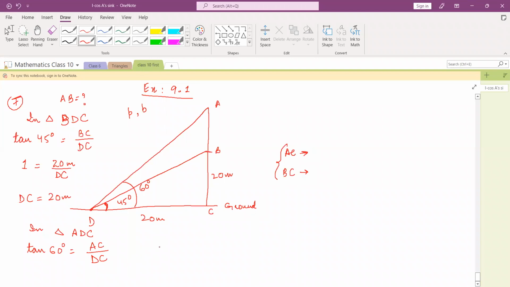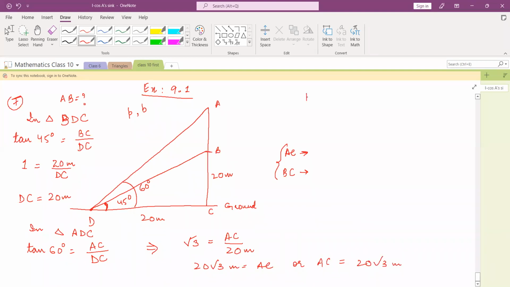Now tan 60 is root 3. So root 3 will be equal to AC upon DC, and DC I have already found, 20 meter. So cross multiply, 20 root 3 meter is equal to AC. So I've got the value of AC. Or you can write AC is equal to 20 root 3 meter.